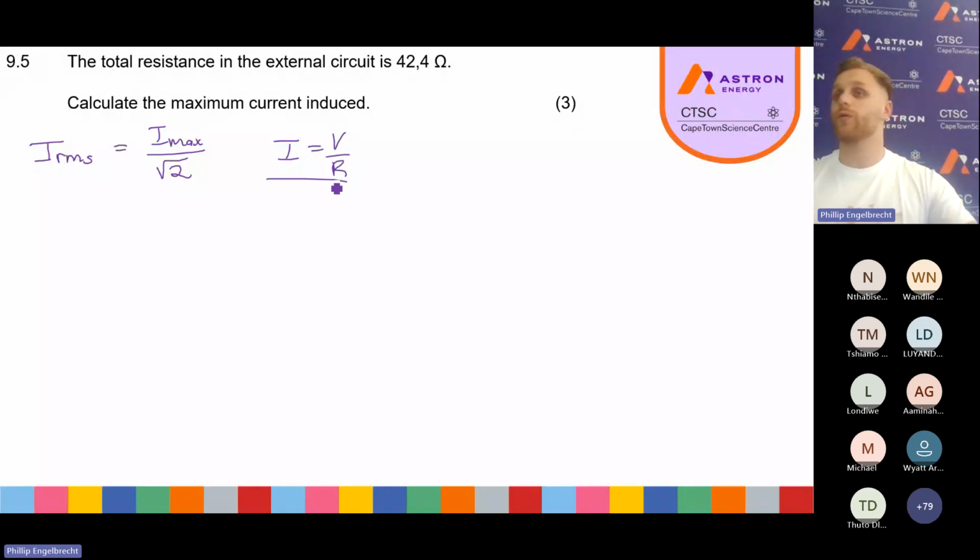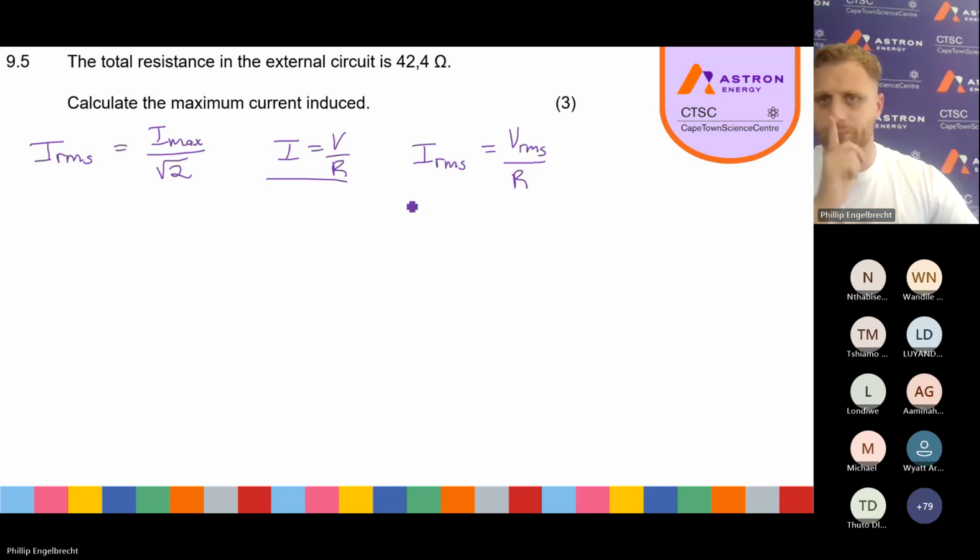Now, we know that current for a normal circuit is I equals V over R. However, when dealing with an AC circuit, it changes slightly. I know that the IRMS is equal to the VRMS divided by R. So for AC circuits, your I changes to IRMS. Now I know what the VRMS is. I've calculated that in the previous part.